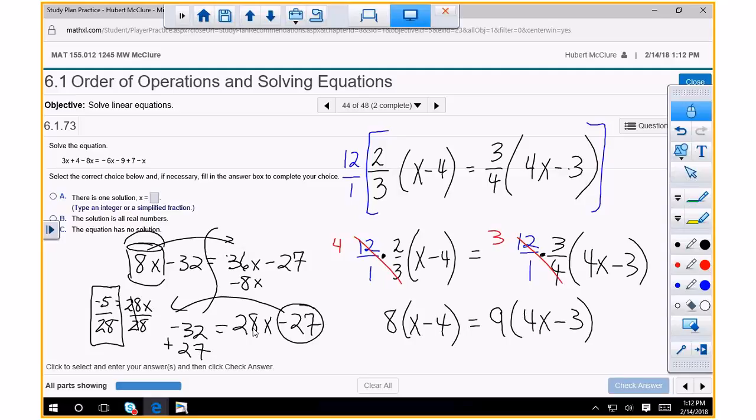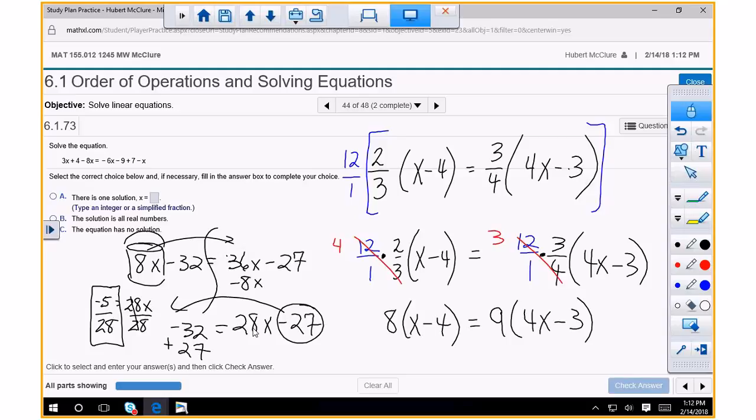Which one's easier? 1. But some of you have been programmed by some idiot teacher that you have to put the X on the left-hand side. And that's one of the biggest things that irritates the crap out of me with math teachers. I've been teaching since 95.